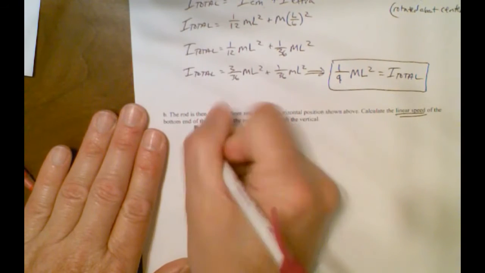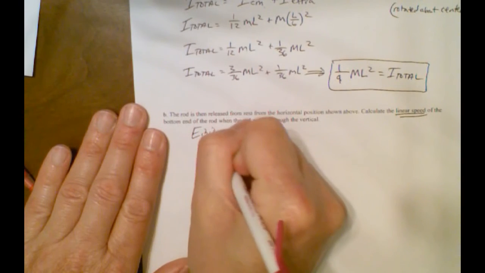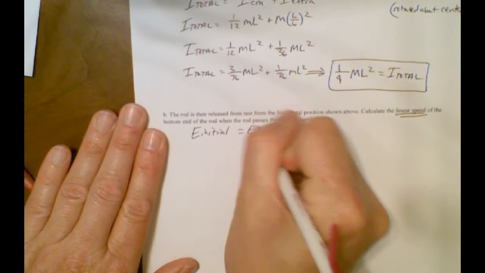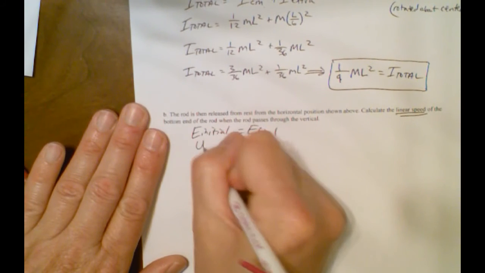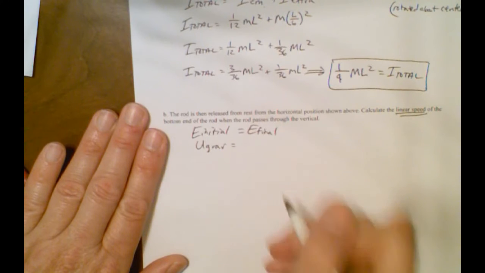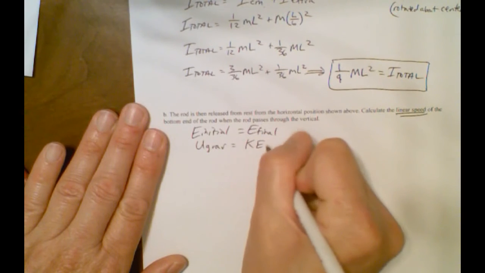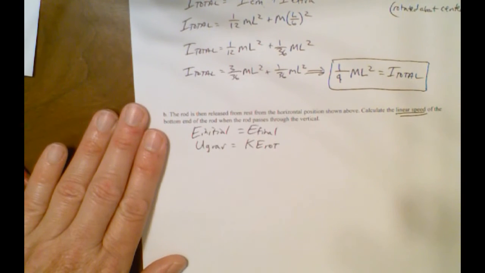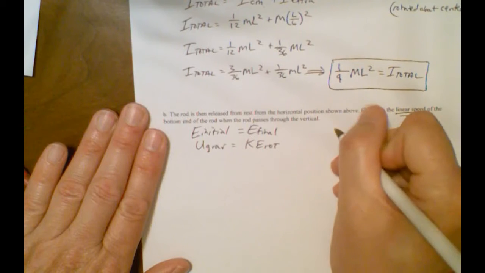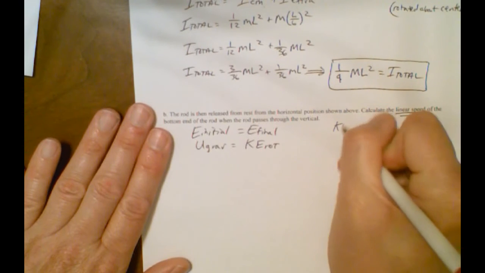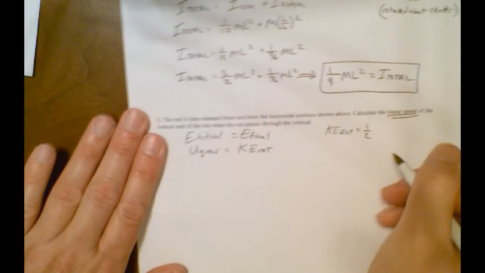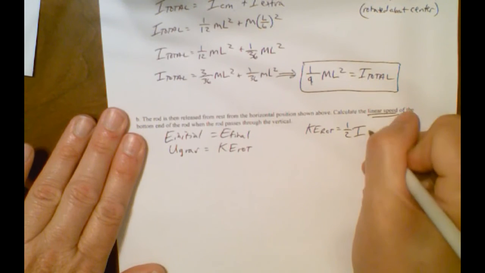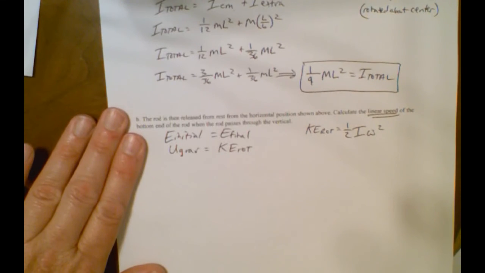So again, I'm going to say E initial is equal to E final. What do I have here? I have gravitational potential energy. Down here, I've got rotational kinetic energy. Okay. Well, what is KE rot? 1/2 I omega squared, right?